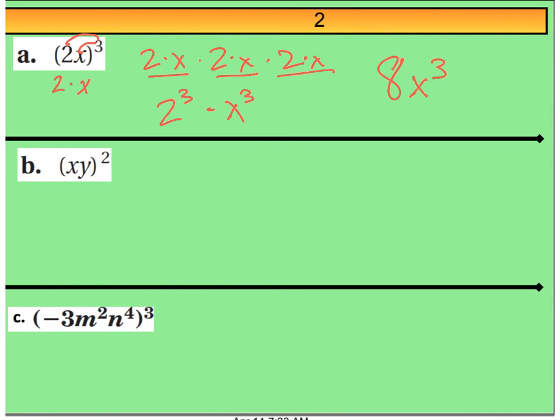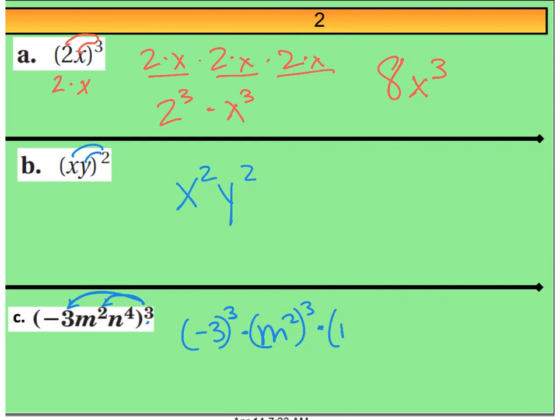Here again, we're going to kind of put the power of 2 on each of these. So x to the power of 2, y to the power of 2. Here we're going to take our power, which is 3, and we're going to put it onto each one. So I'm going to do negative 3 to the power of 3 times m squared to the power of 3 times n to the 4th to the power of 3.